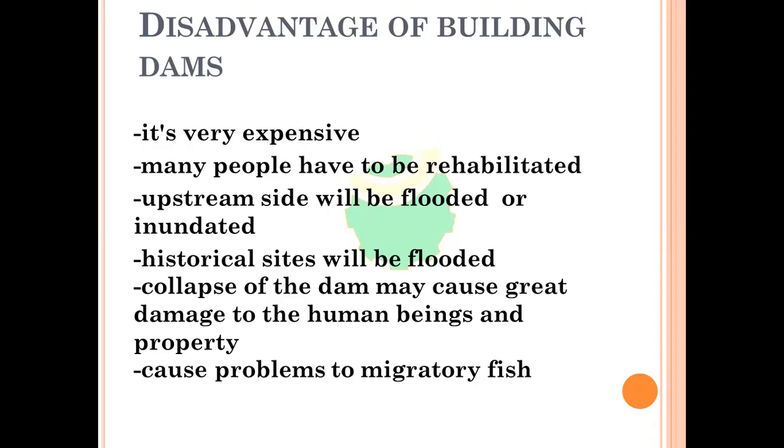The upstream side will be flooded or inundated. So the upstream side of the dam is flooded and the reservoir is formed. Historical sites will be flooded. Collapse of the dam may cause great damage to human beings and property.